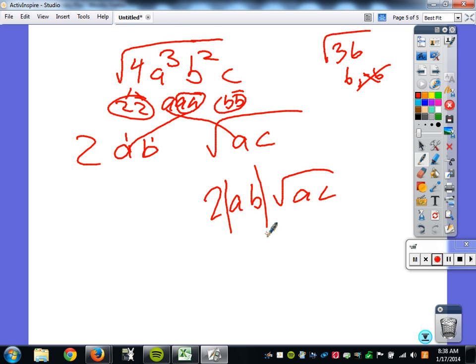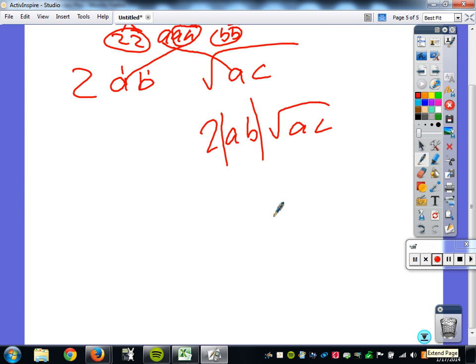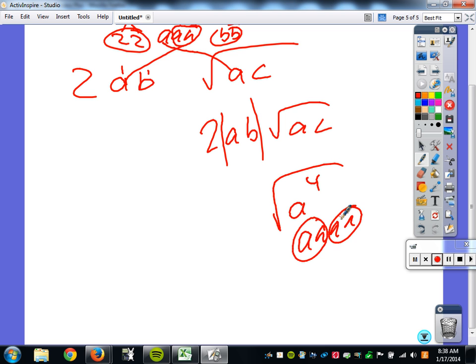Question here again. If I just had the square root of a to the 4th, okay? I have 1, 2, 3, 4, right? There, he gets to come out, so does he, correct? So that comes out a squared. He was an even root, but now this is an even power. Why don't I have to do absolute value around even powers? Anybody have an idea? What is anything raised to an even power?